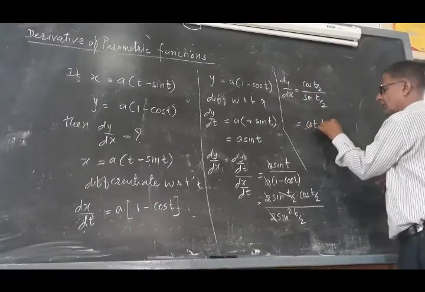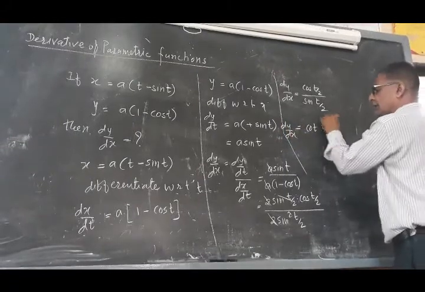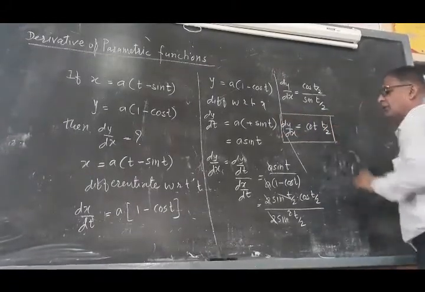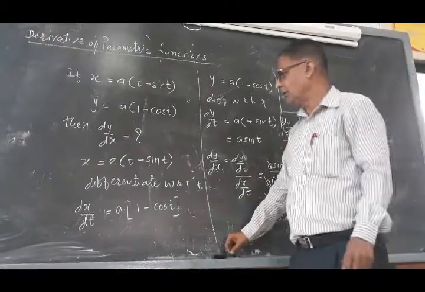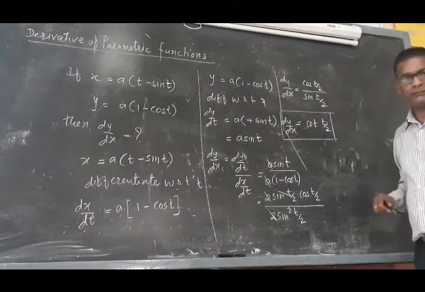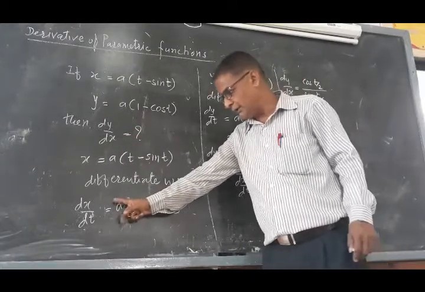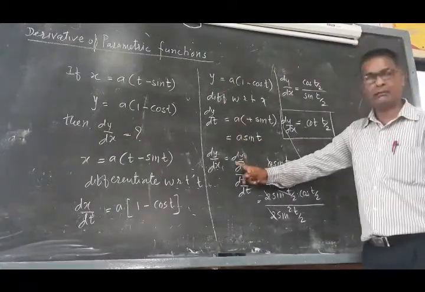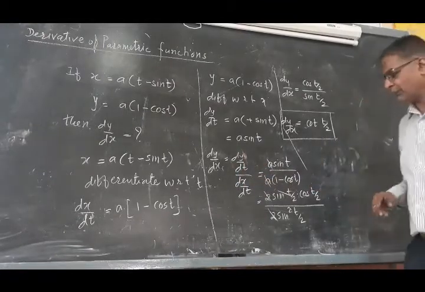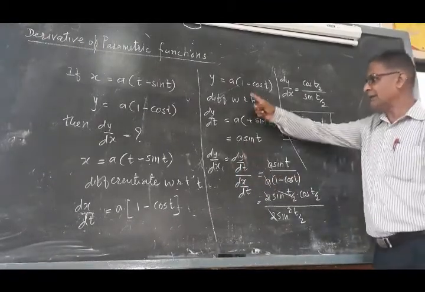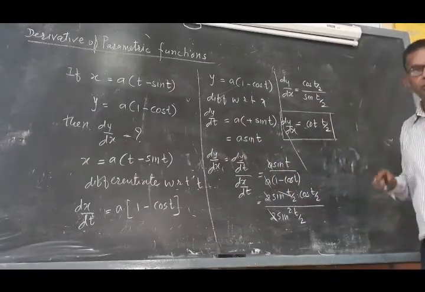So cot t by 2 is dy upon dx, which is the derivative of the parametric function. According to the parametric function formula, dy by dx is equal to dy upon dt divided by dx upon dt. We substituted these values here, and after simplification we got this.